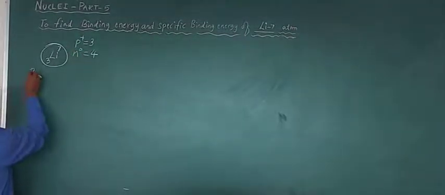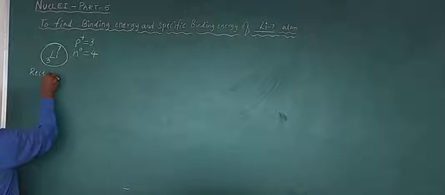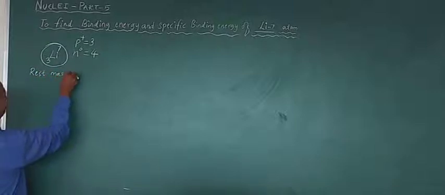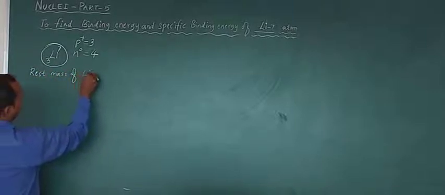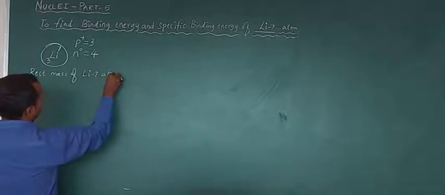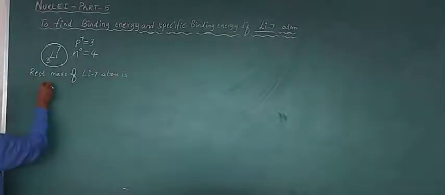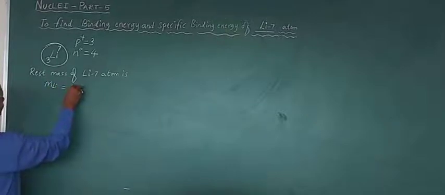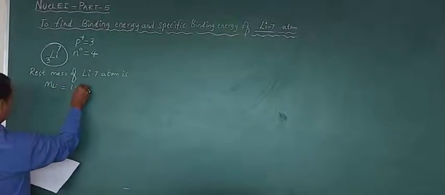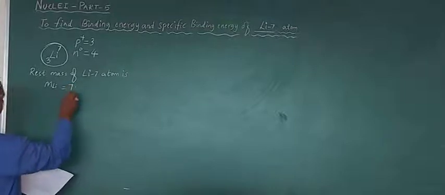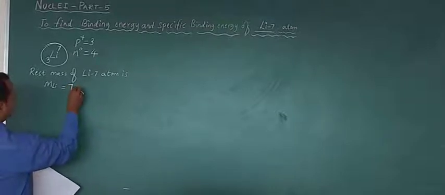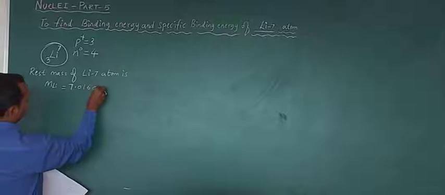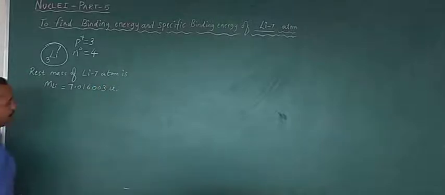Now the rest mass of the lithium 7 atom is 7.0160003 atomic mass units.